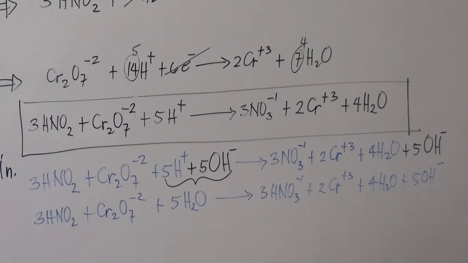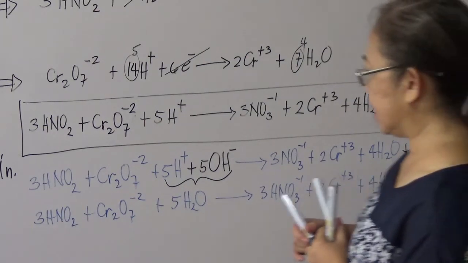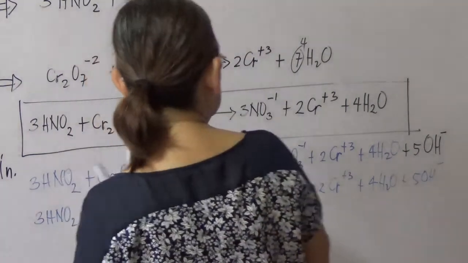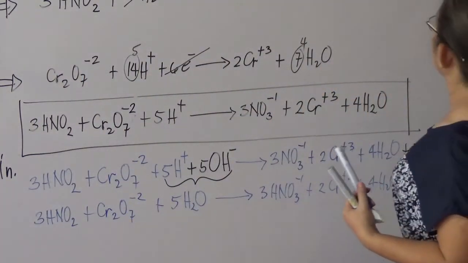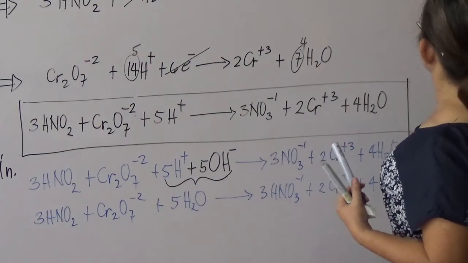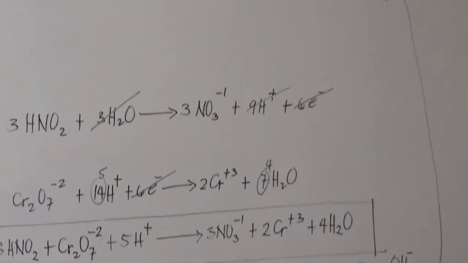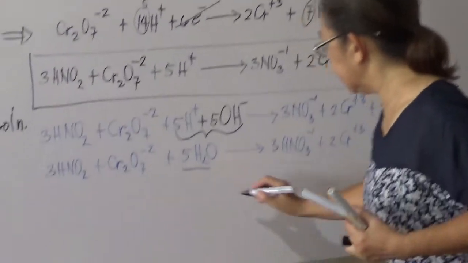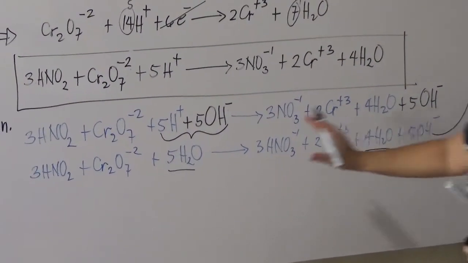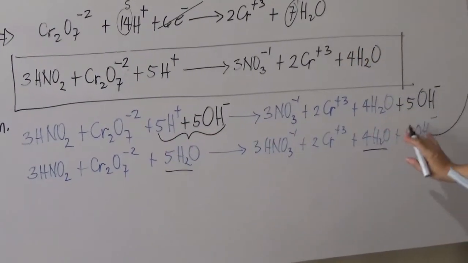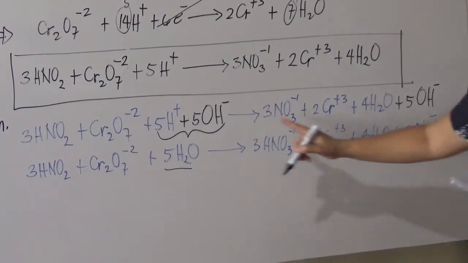And we'll have the net equation now, the final equation. I'll just continue here on top. You just get the difference, because one is on the reactant side and one is on the product side. So this is 4, this is 5.